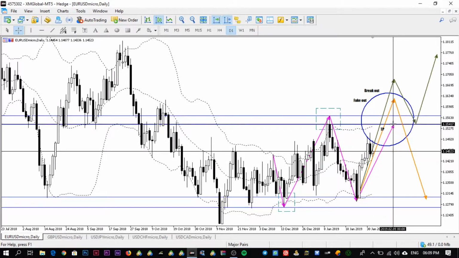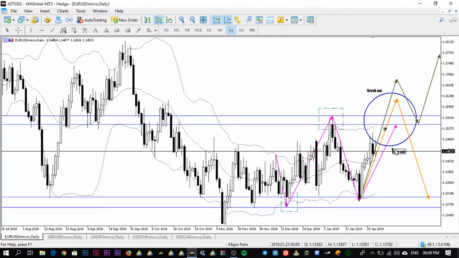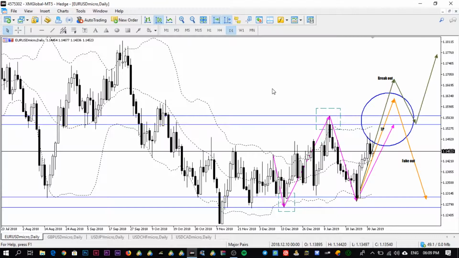But once TP is reached, we can then be alerted to a possible fake out, which is our orange, or a possible breakout. And that, ladies and gentlemen, is my forecast for this coming week on the euro against the United States dollar.